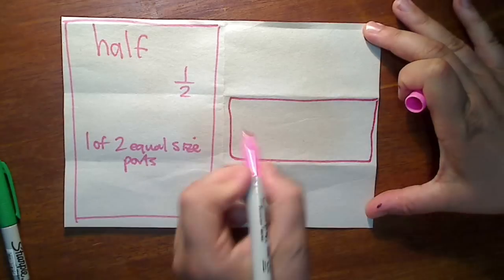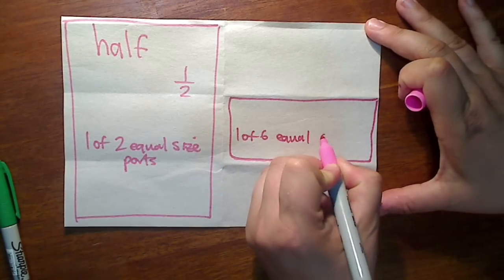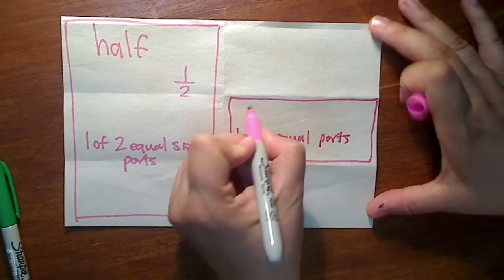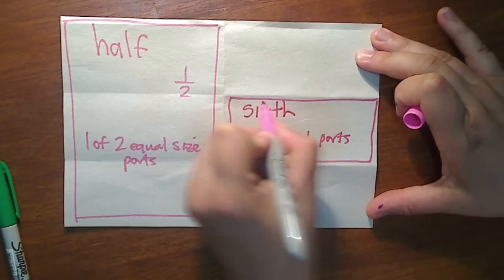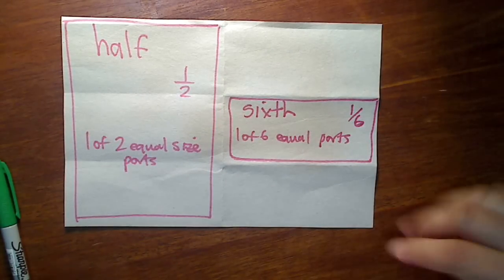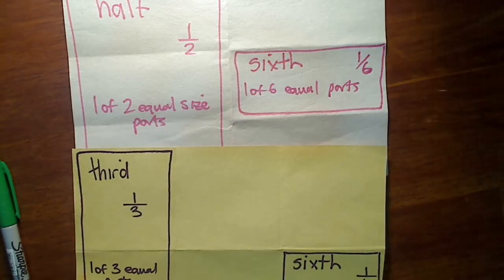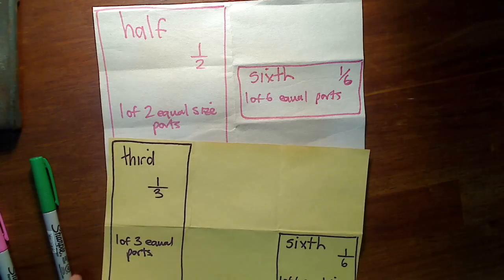That sounds familiar because we had something that was one of 6 equal parts earlier, and it was called a sixth. And in fact, what we've just done is shown that a sixth is a member of both families.